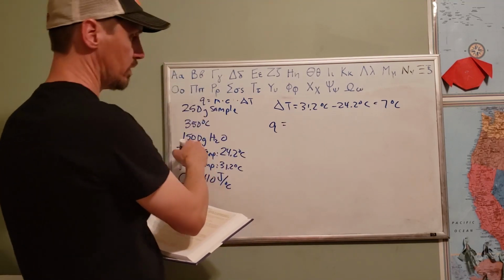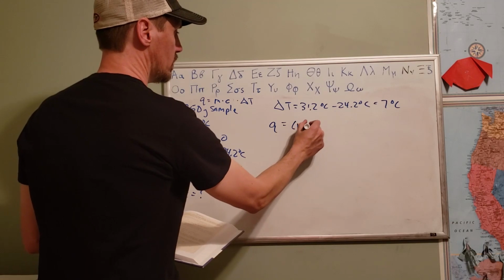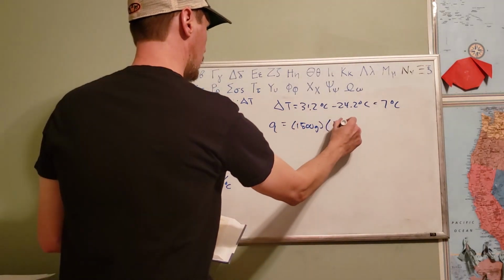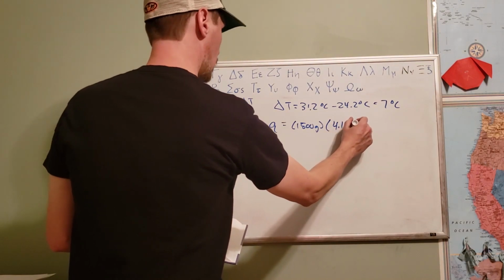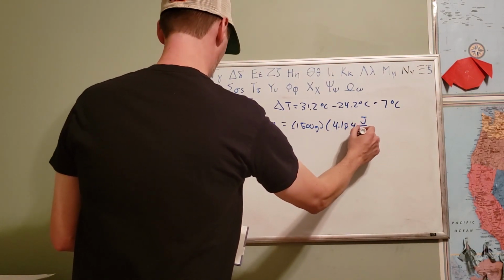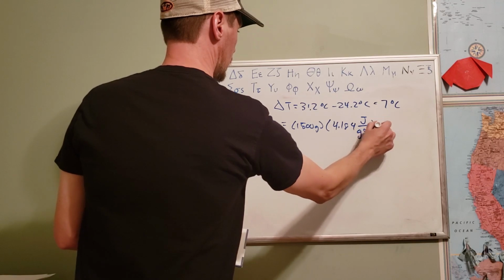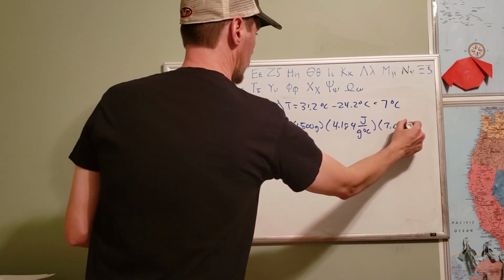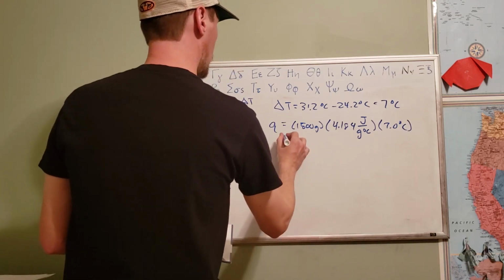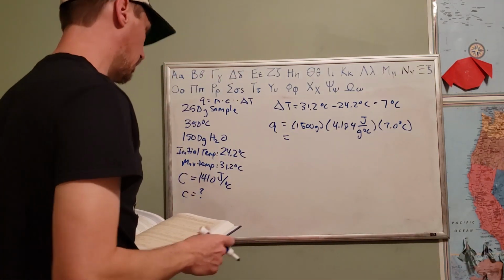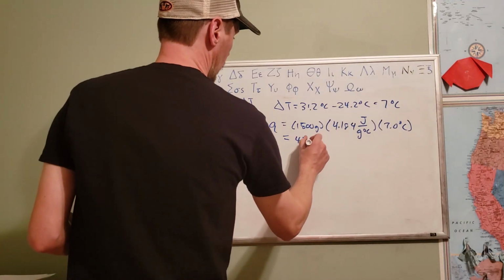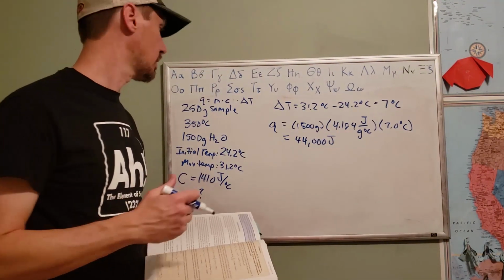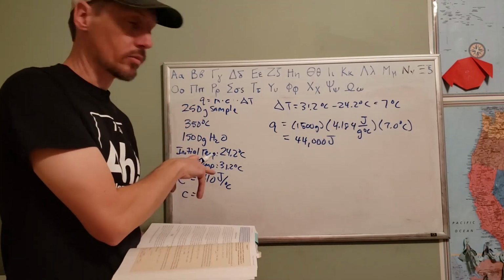The mass of the water is 1,500 grams, times the value that we memorized, 4.184 joules per gram degrees Celsius, times 7.0 degrees Celsius, which was our change in temp. And so the final value is 44,000 joules. That's the heat for the water, right?